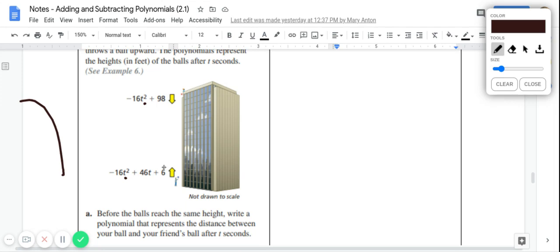This 98 is our starting height. So that means this 6 down here is this person's starting height. So this guy must be 6 feet tall, at least. And you see this negative 16 is the force of gravity on this person's ball as well. They also have this middle term, which accounts for the velocity that this person is throwing their ball upward. So, yeah, that's just what each term means.